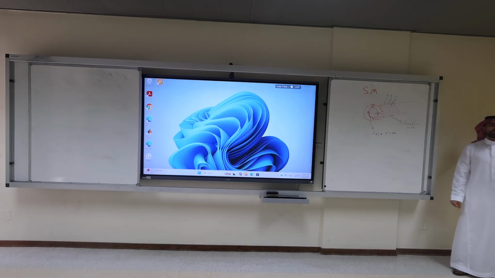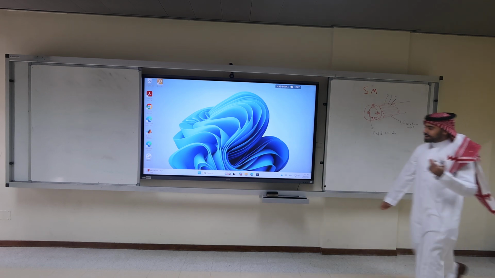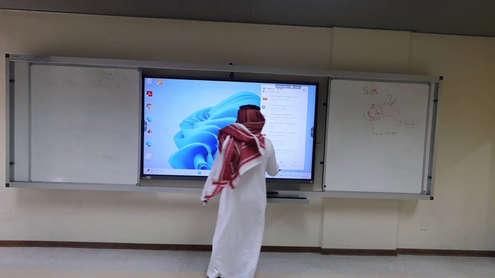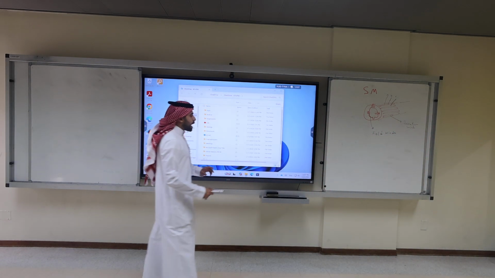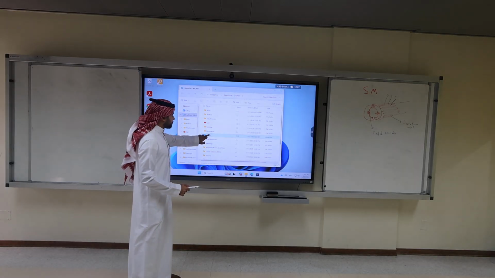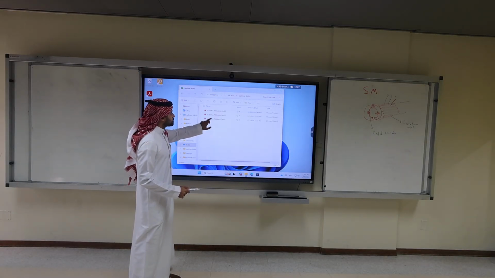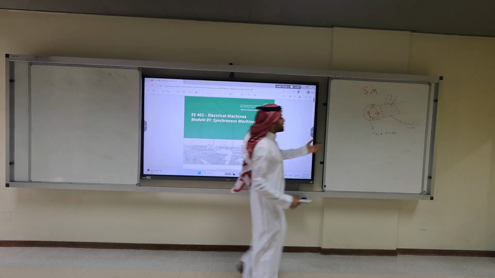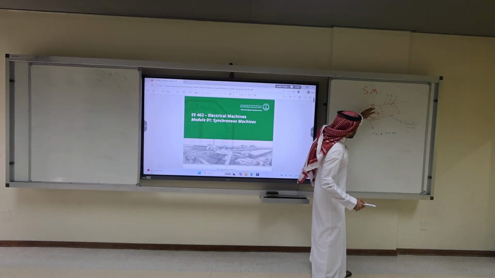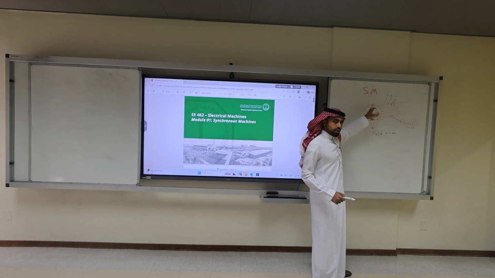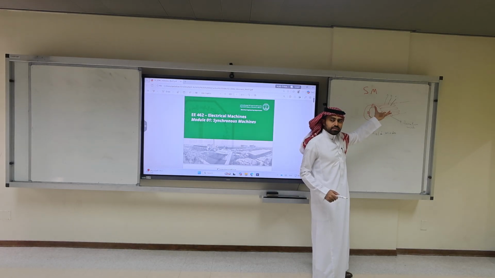And this is what we are going to cover today. We have what we call the exciter. For a synchronous generator, we need to rotate the rotor at synchronous speed.